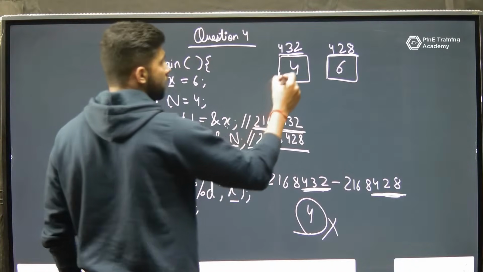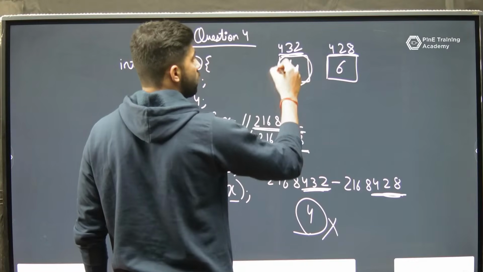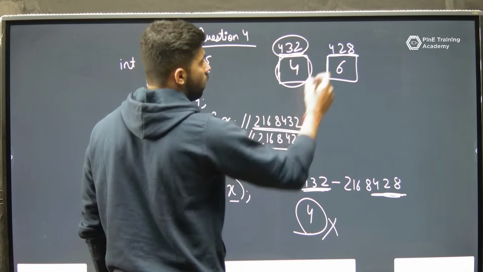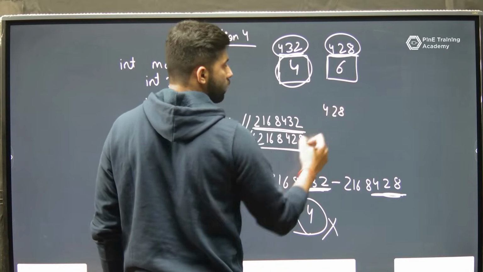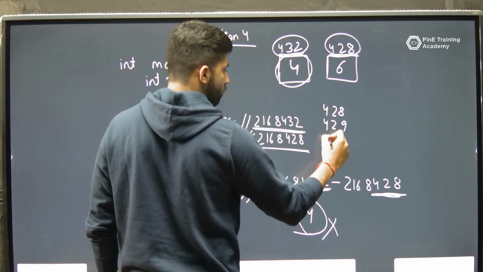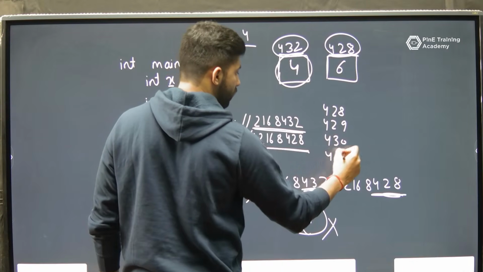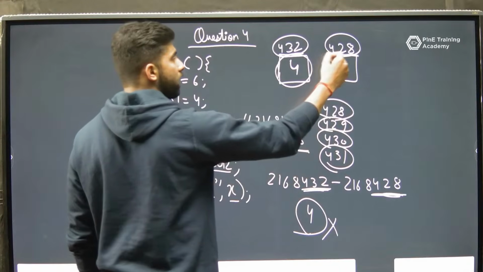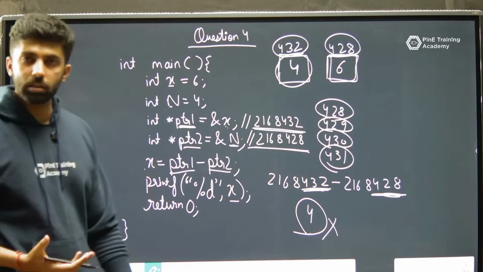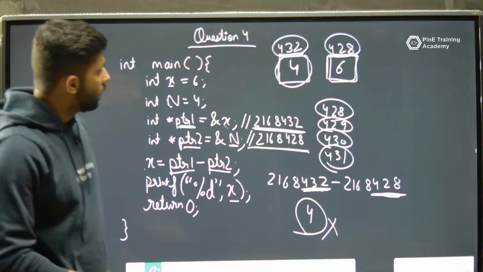That means this 6 basically starts from 428. It will take 428, 429, 430 and 431. These 4 bytes of address will be required to store 6, right?